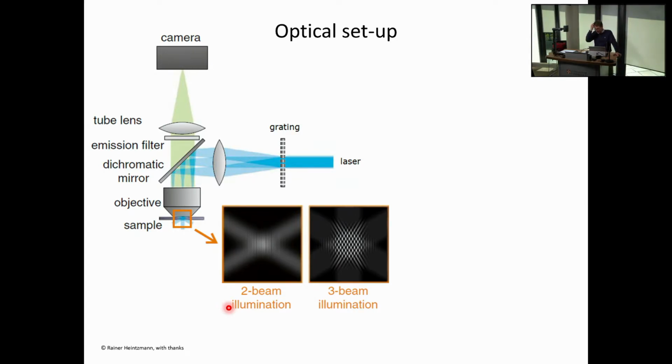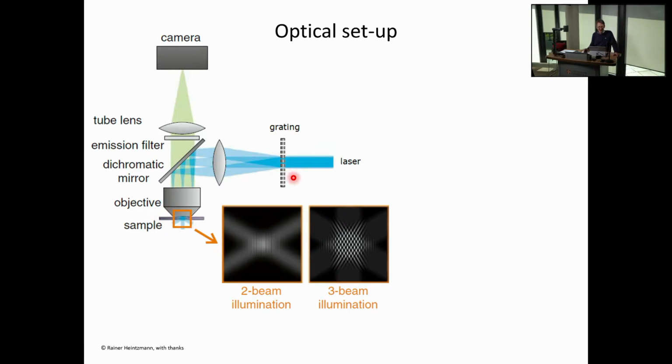How do I actually produce the fringes? So what you do in practice is you take a laser and you project, let's say, a grating pattern onto the sample.